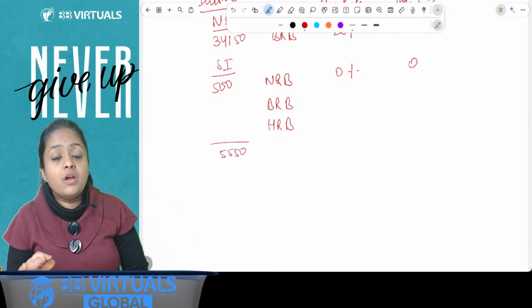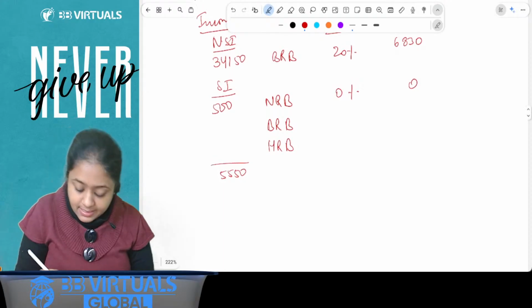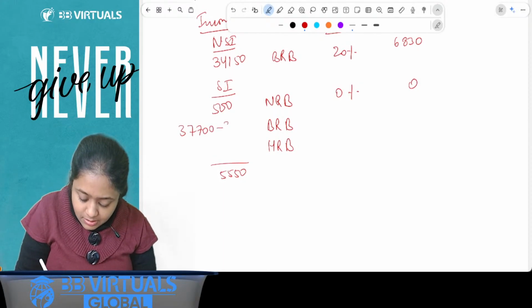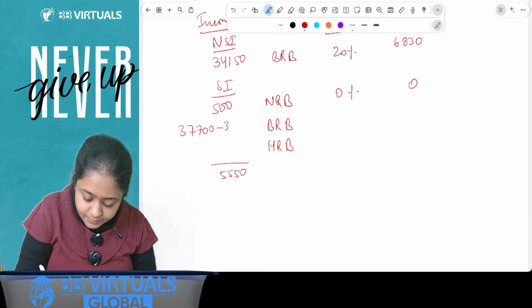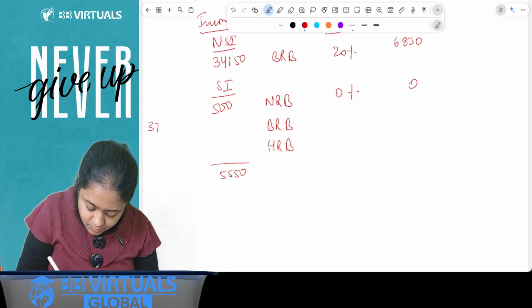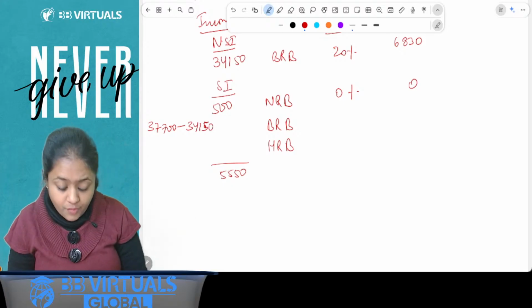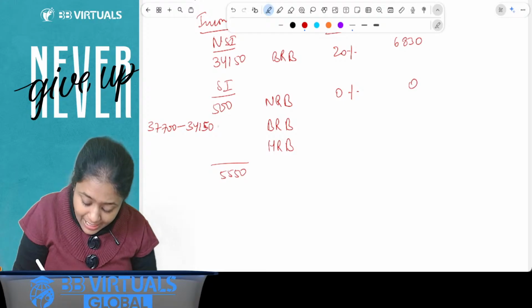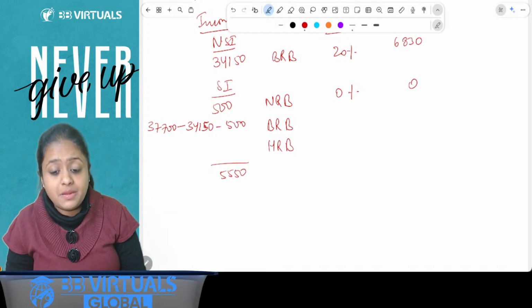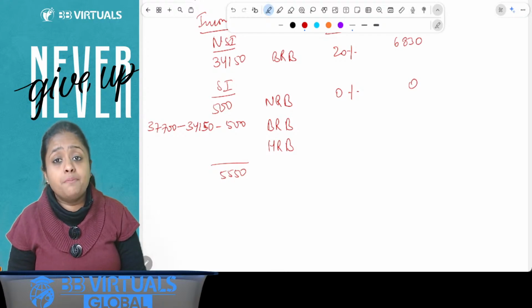Okay. Now understand that when I take the basic rate band, I know it is 37,700. From this 34,150, we have already taxed for the basic rate band of NSI, and 500, even though it is a nil rate band, but HMRC has laid down that nil rate bands will always use up the rate bands.